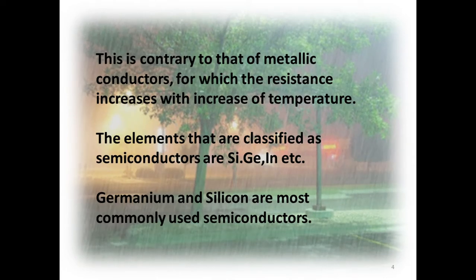For metallic conductors, the resistance increases with the increase in temperature. The best examples of pure semiconductors are silicon and germanium, commonly used semiconductors.